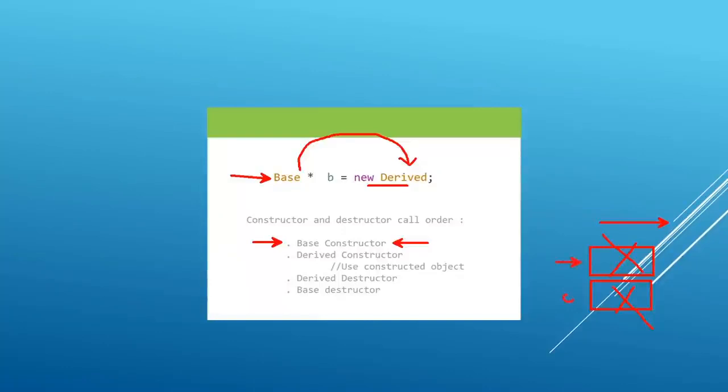We will be at this stage building the base part. And if we call a virtual polymorphic function, we want the most specific part to be called, which should live in the derived part. But we haven't done the derived part yet. We are still building the base part of us. So the compiler is going to notice that we don't have a derived part, and it is going to call the base version of our virtual function.